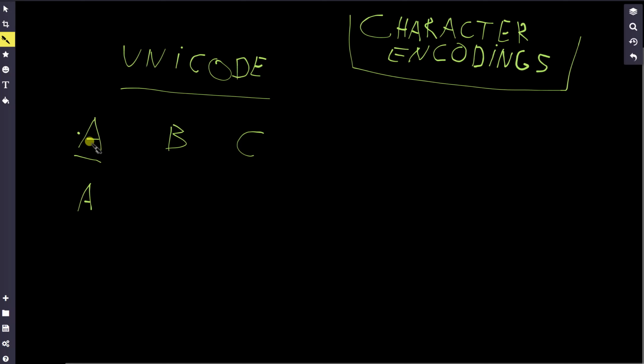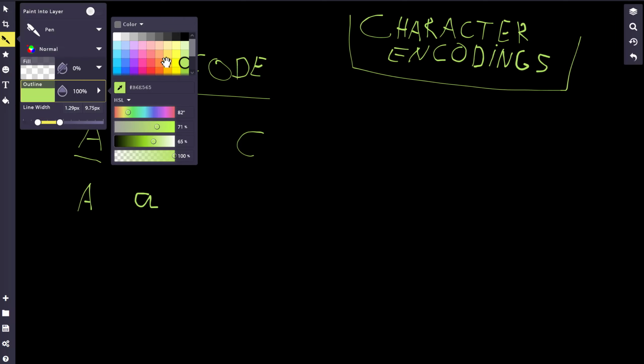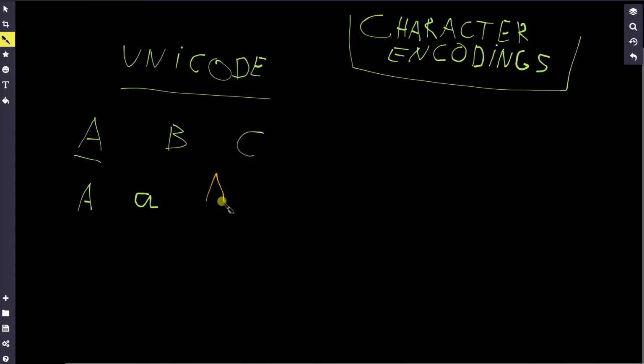Moreover, this character is not similar to A written as lowercase, but at the same time the base meaning of this A remains unchanged regardless whether it is written in semi-bold or italics, or if it is written with a different color. So this A and this A in orange, it doesn't really matter.